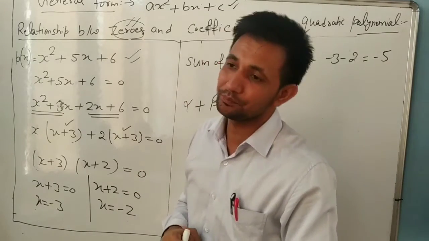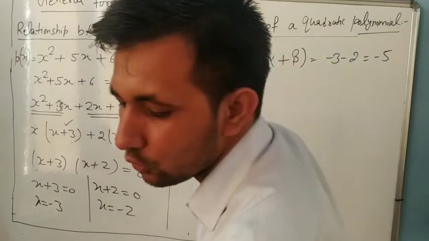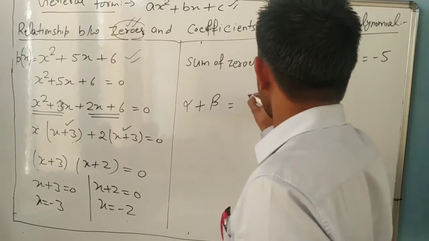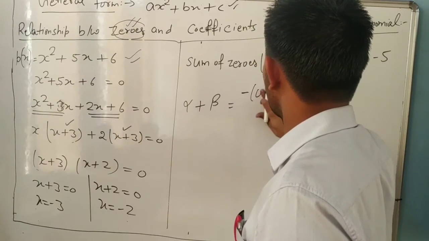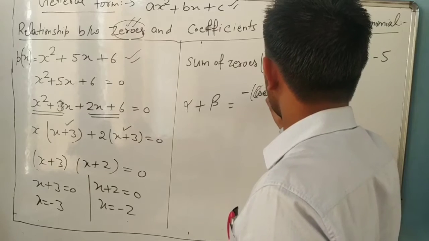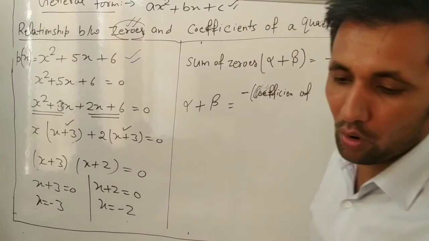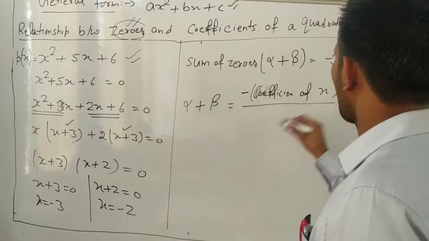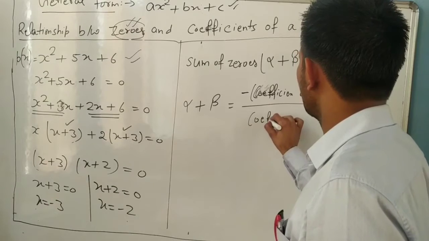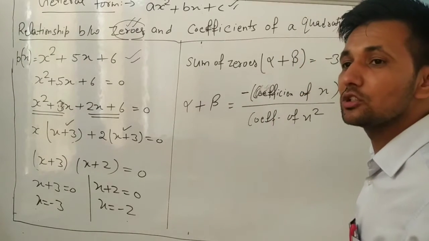Look at how. Sum of zeros is always equal to minus coefficient of x divided by coefficient of x square. Everyone knows the sum of zeros is how much? -5.